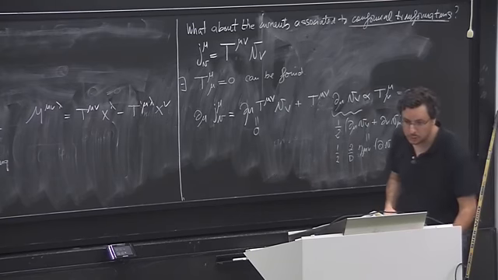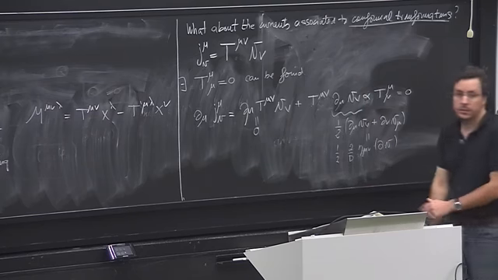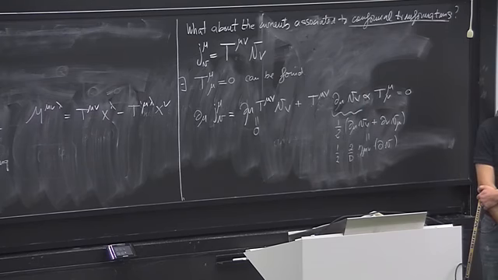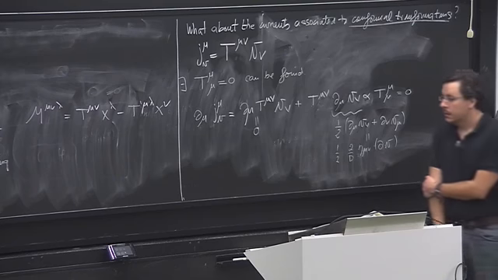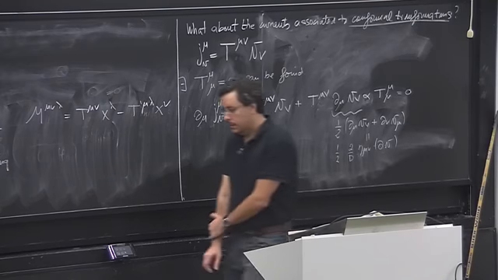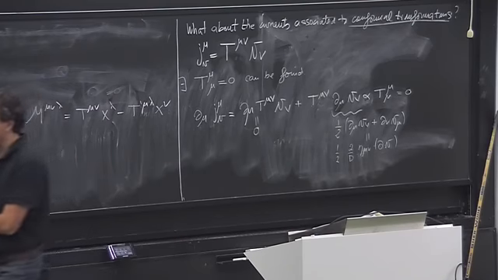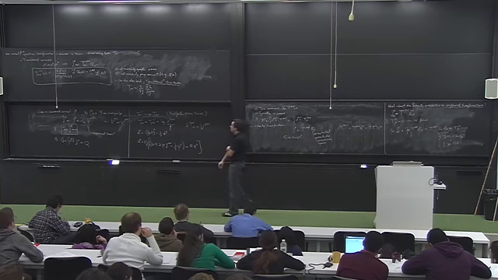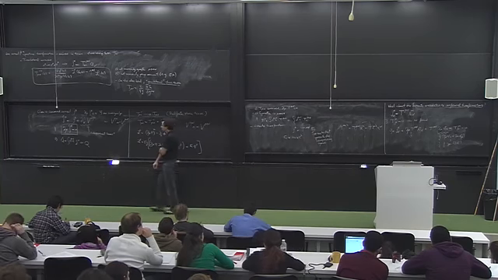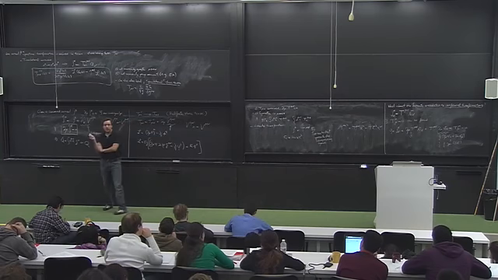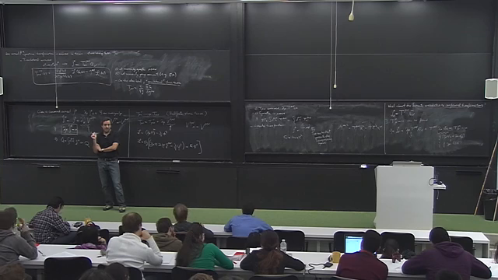Do you know of a theory that has a traceless stress tensor that you may have come across? Yes. Precisely. Yeah, that's the simplest example. So what is the stress tensor? Have you guys computed the stress tensor for lambda phi to the 4? Yes?